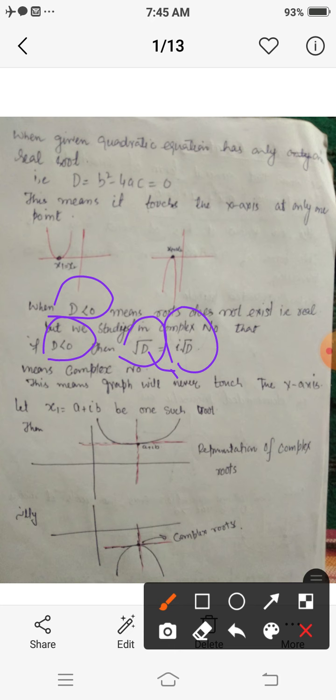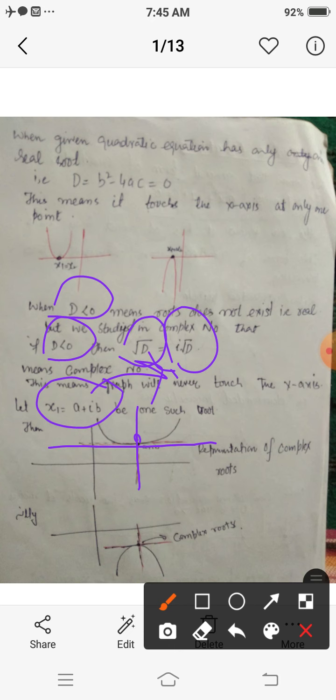Now suppose one of the complex roots of this quadratic equation is a plus iota b. You know that it is represented by the point (a, b) in a plane. Suppose both a and b are positive, then we have this point. From this point draw two perpendicular lines on the x and y axes.